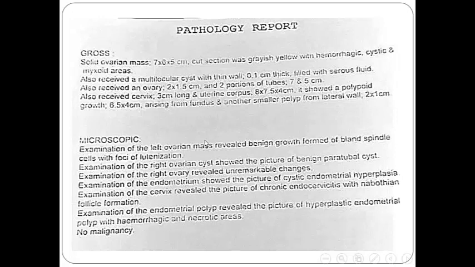Regarding the left ovarian mass, it reveals a benign growth formed of bland spindle cells with foci of luteinization, so it is a benign lesion, and she has a benign peritubal cyst on the right side that we could not see on the imaging. So this fitted with our imaging findings that the left ovarian mass is benign in nature.